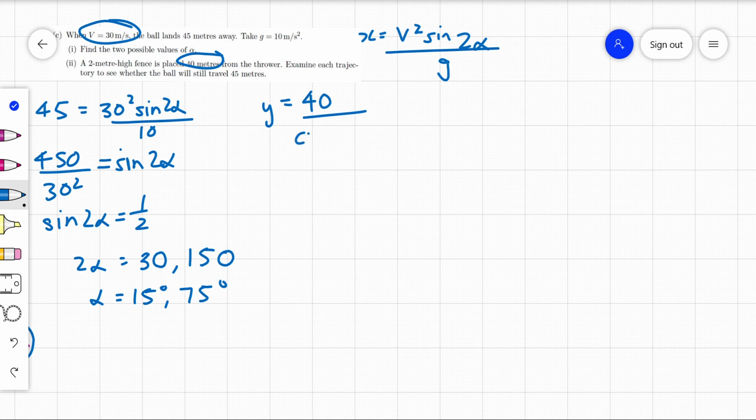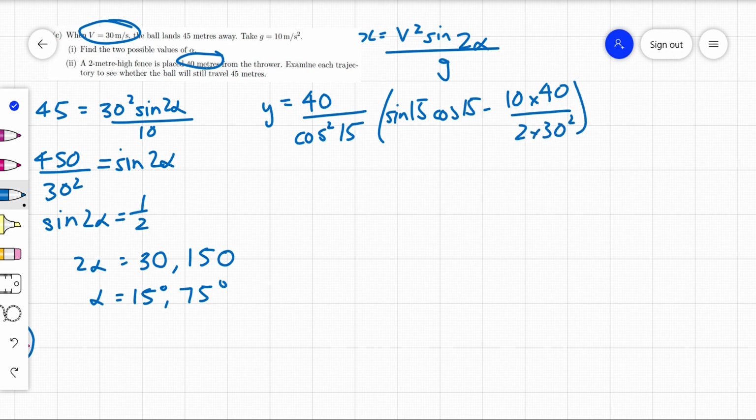We're going to have 40 on cos squared 15, sine 15 cos 15, minus gravity times 40 on 2 lots of 30 squared. Putting that in the calculator, it's approximately 1.19088. So if it's projected at that smaller angle, it's not going to get over the wall when we get to x equals 40.